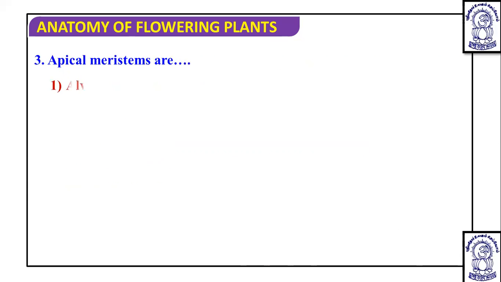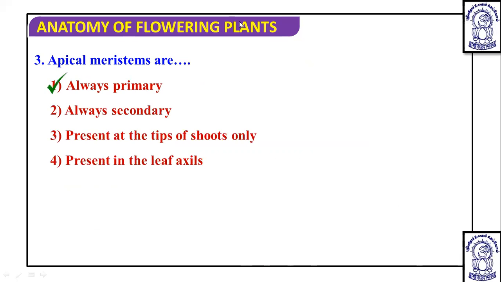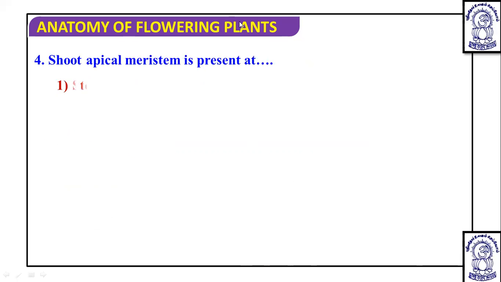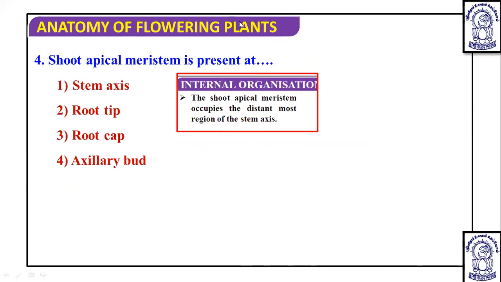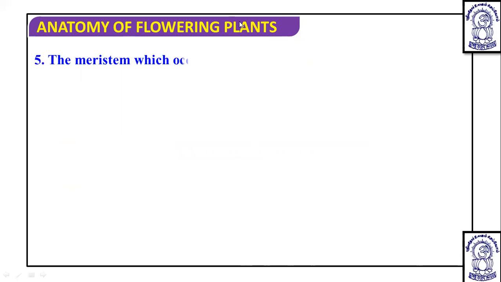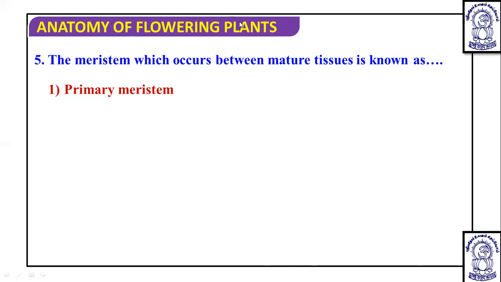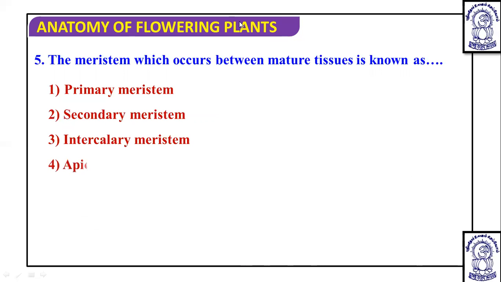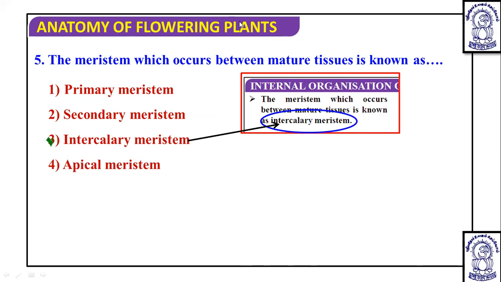Apical meristems are always primary. Shoot apical meristem is present at the distal small region of the stem axis. The meristem which occurs between mature tissue is known as intercalary meristem, and this is the only type of primary meristem of this kind.